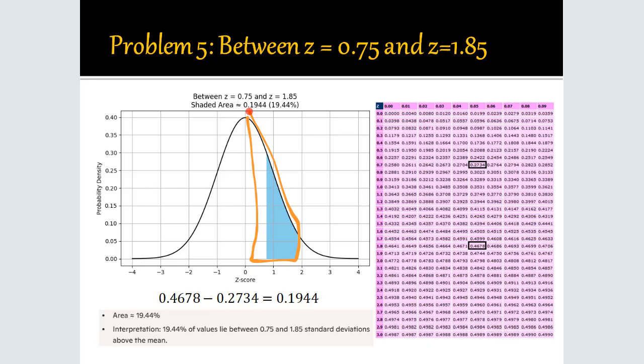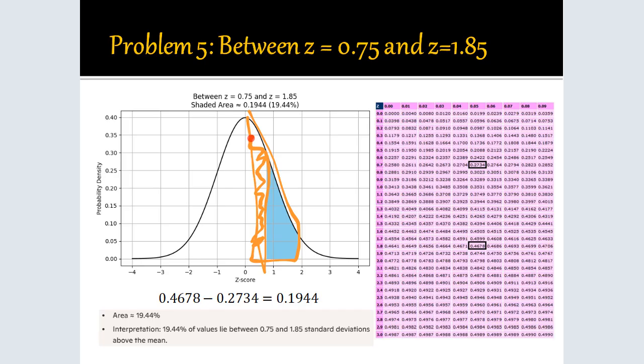And then for 0.75, the area from 0 up to this one is 0.2734.